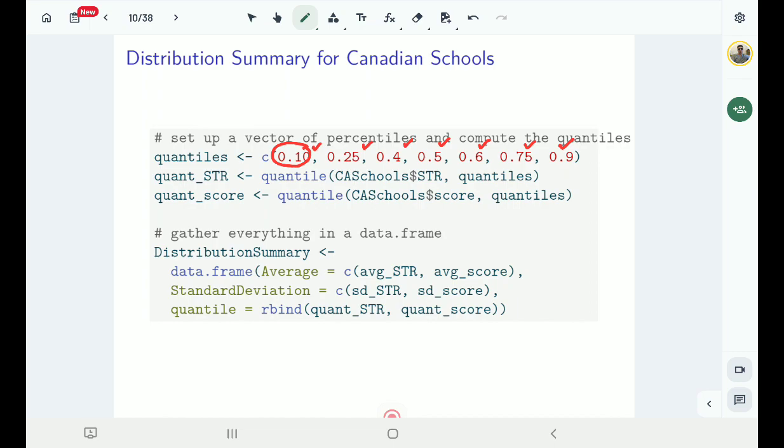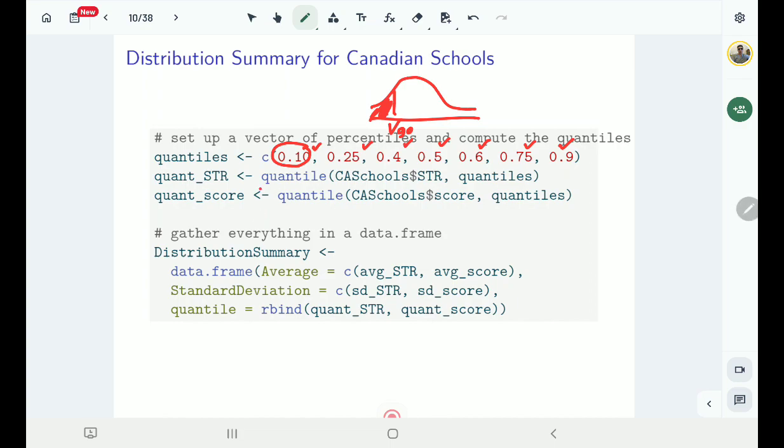Okay, that is the value. So suppose this is the distribution histogram of the data set, and the 10th percentile corresponds to the value which has 10% of the data to the left of it, or 90% of the data to the right of it. Okay.